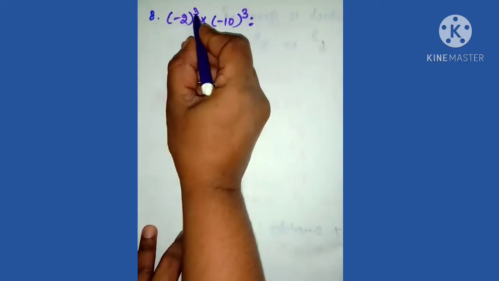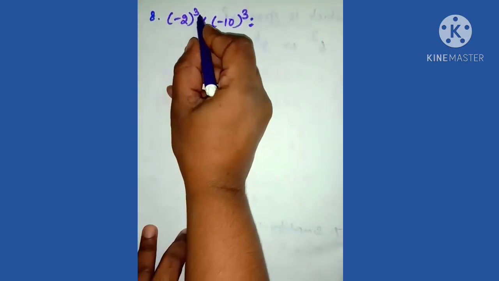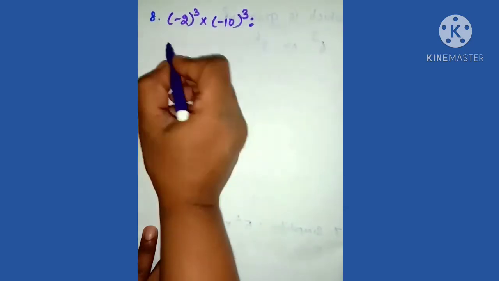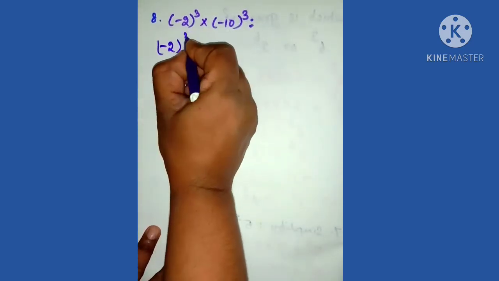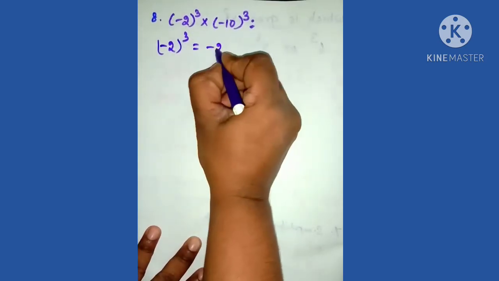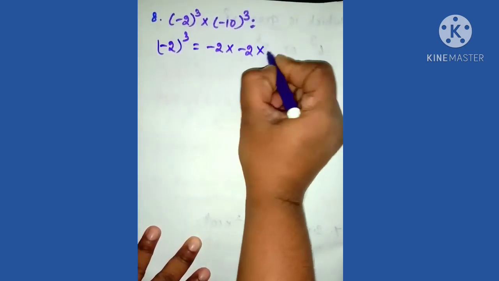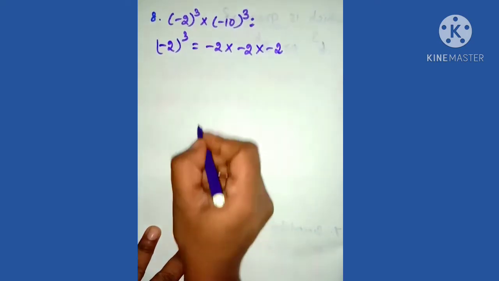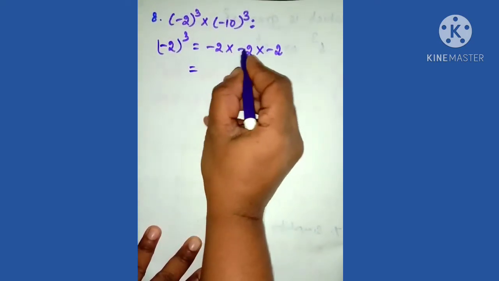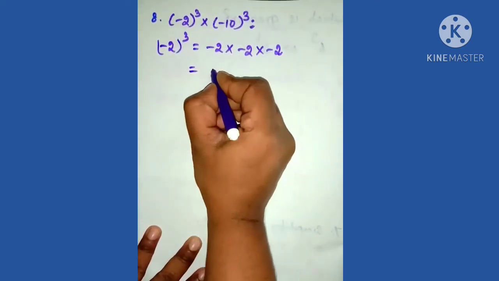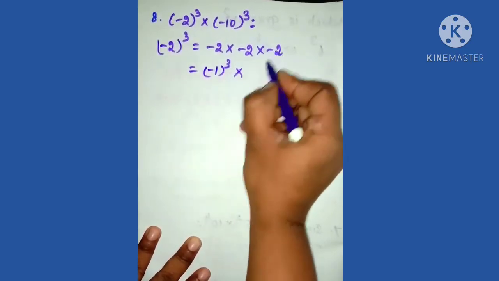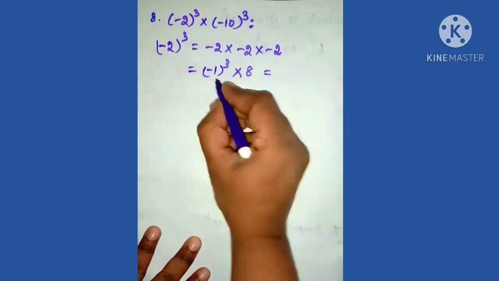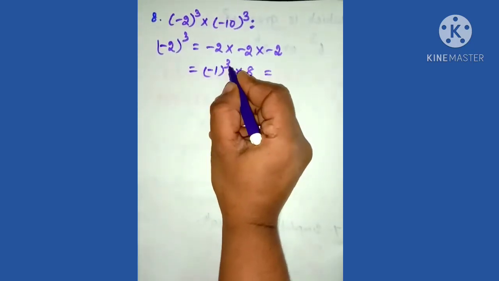Value of minus 2 to the power 3 or minus 2 cube into minus 10 cube. So students, now let us find minus 2 cube. So that is minus 2 is multiplied by itself 3 times. So now minus 1 into minus 1 into minus 1, that is minus 1 to the power 3 into 2 into 2 into 2 is 8. So here minus 1 to the power 3.